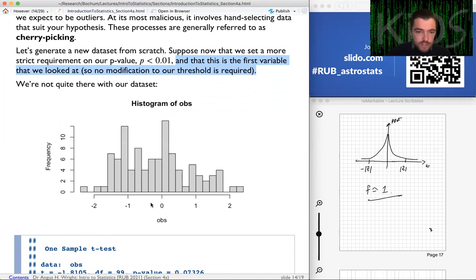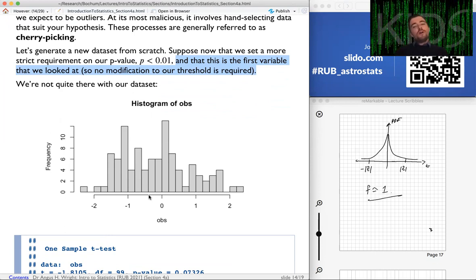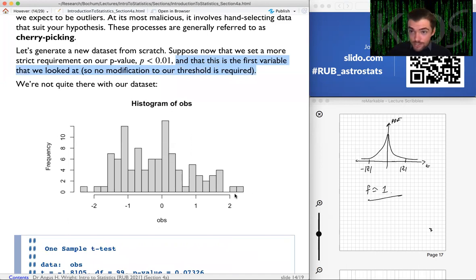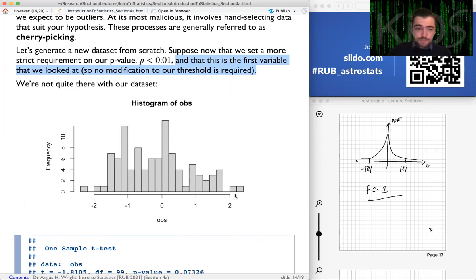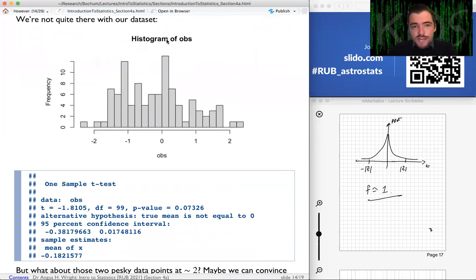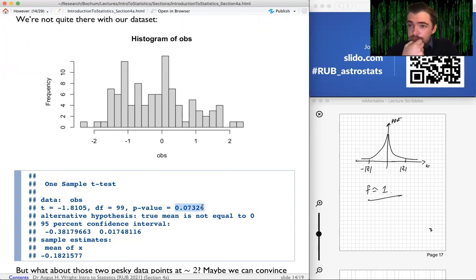If by eye we say, okay, the mean's probably over here, I know that my null hypothesis is 0, and given the range of the data, these two observations here look like they might be outliers. Now, if I compute a p-value for this particular data set, I find that my p-value is 0.07.